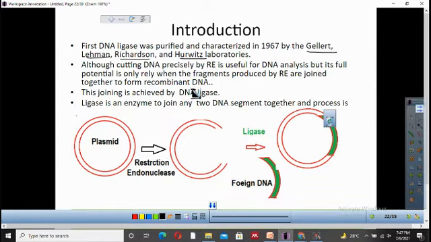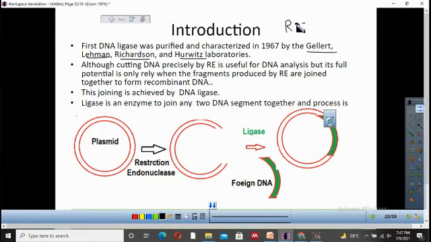So in recombinant DNA technology, any gene is integrated and ligated to make a continuous frame by means of the ligase. So we are using three different enzymes in this cloning process.